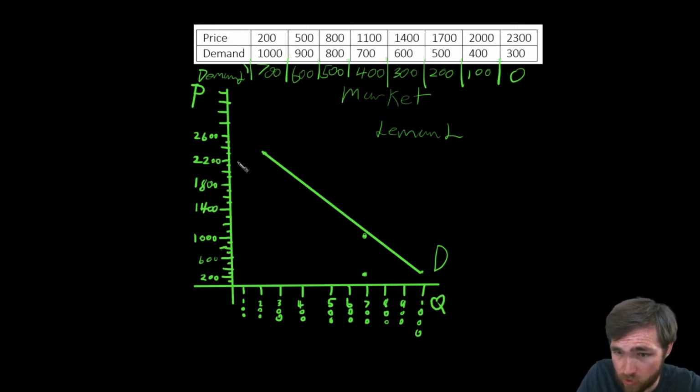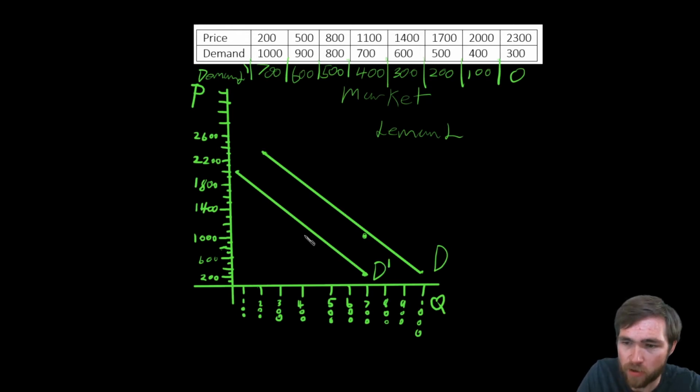So 100 puts us at 2,000 right there. And this gives us our shifted demand curve. So demand has contracted as a result of this change in people's preferences. Just like in the case of supply, anytime the curve shifts, we call that a change in demand.